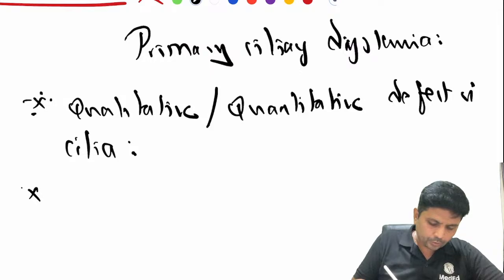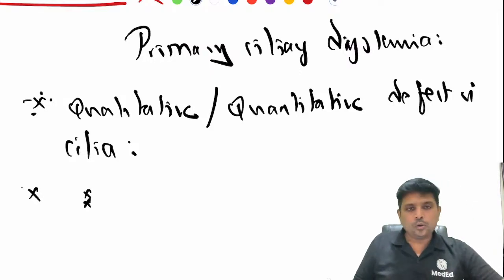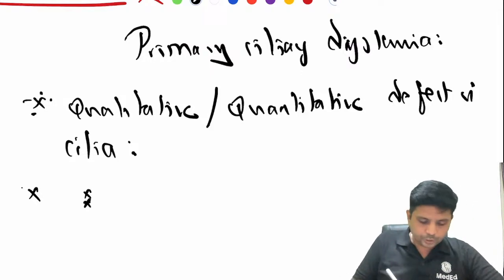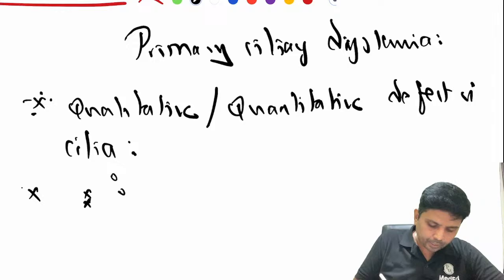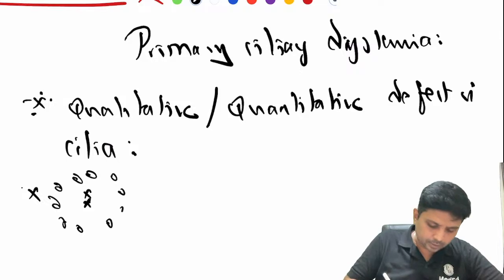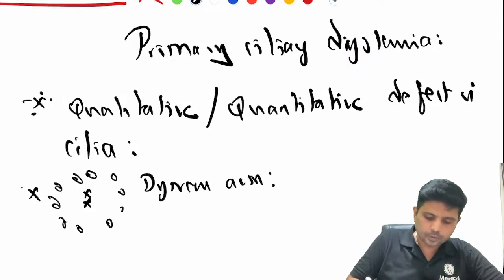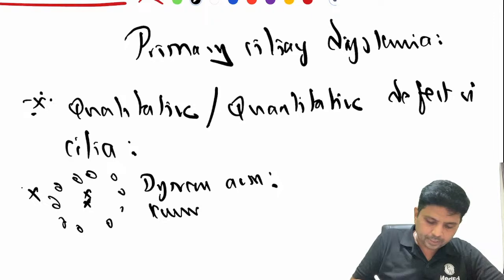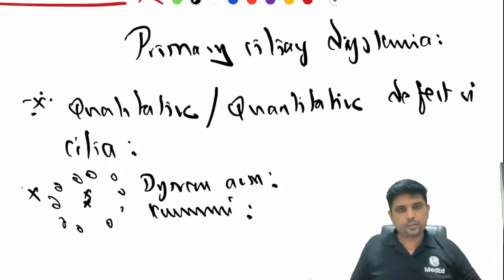So usually you have one centriole in the middle followed by 9 pairs. There are so many genes. You have mutation in dynein arm, kinesin. There are so many mutations.